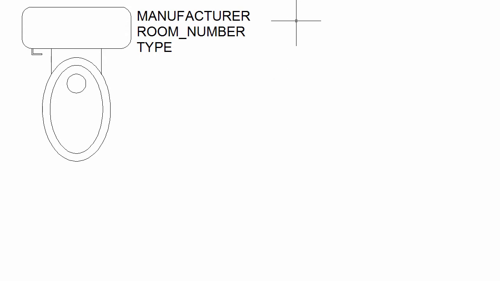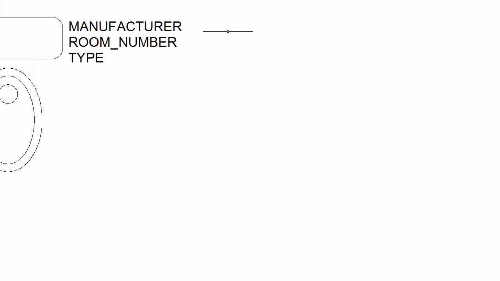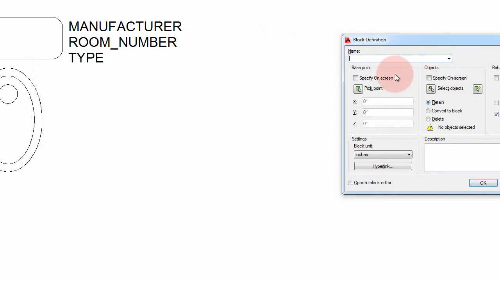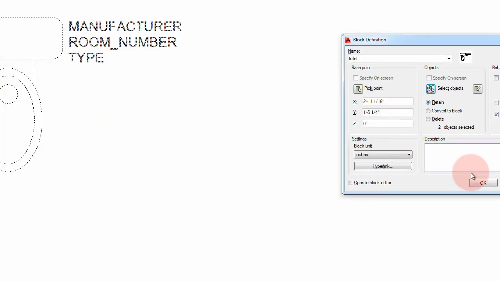All right, so now we're going to make our block. And our block is going to be toilet. Our base point is going to be back here. We're going to select all of this stuff all together. And we're going to hit OK.